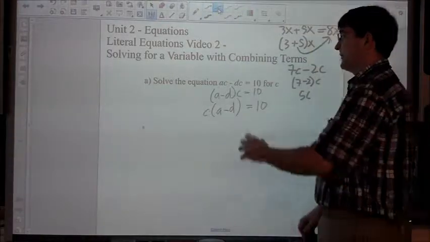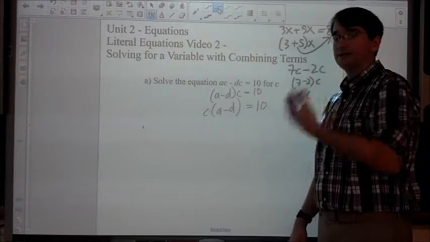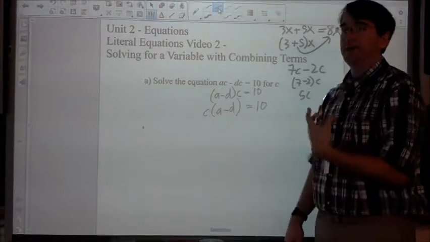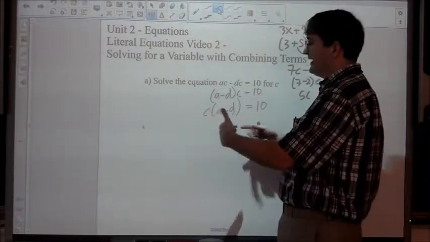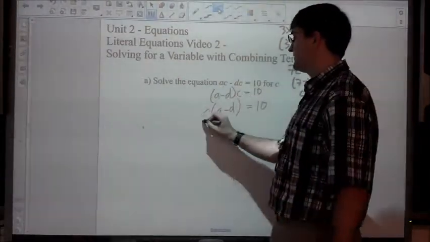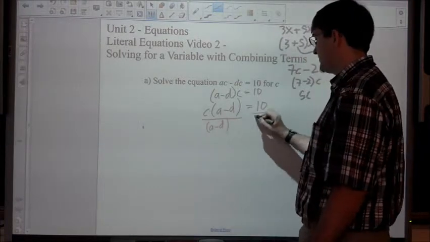Which means that I can now finish. The problem initially is that there was more than one C. In order to solve for C, we have to get C by itself, and we can't get C by itself if there's more than one C. So we need to change the equation so that there is only one C. Now we can divide both sides by A minus D, that whole set of parentheses.